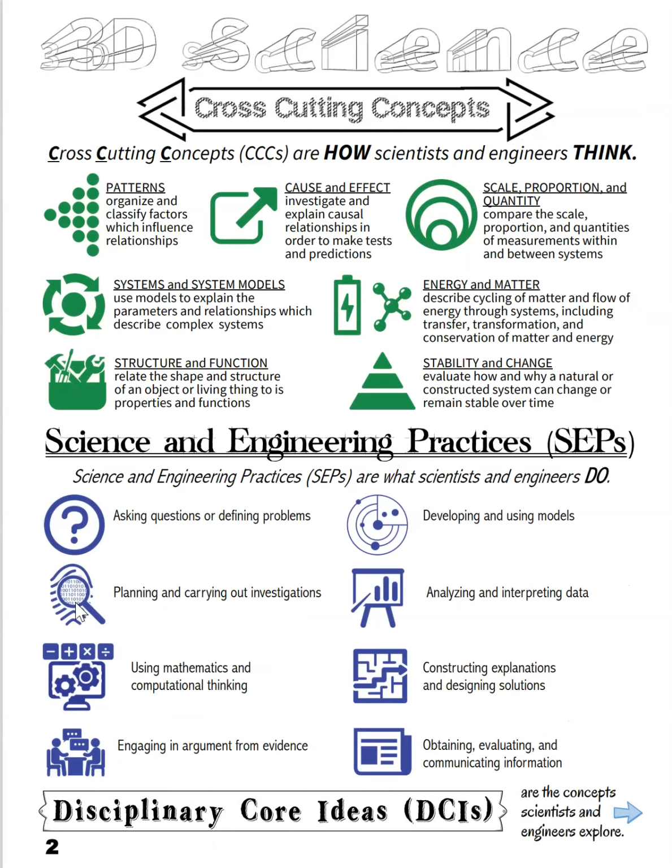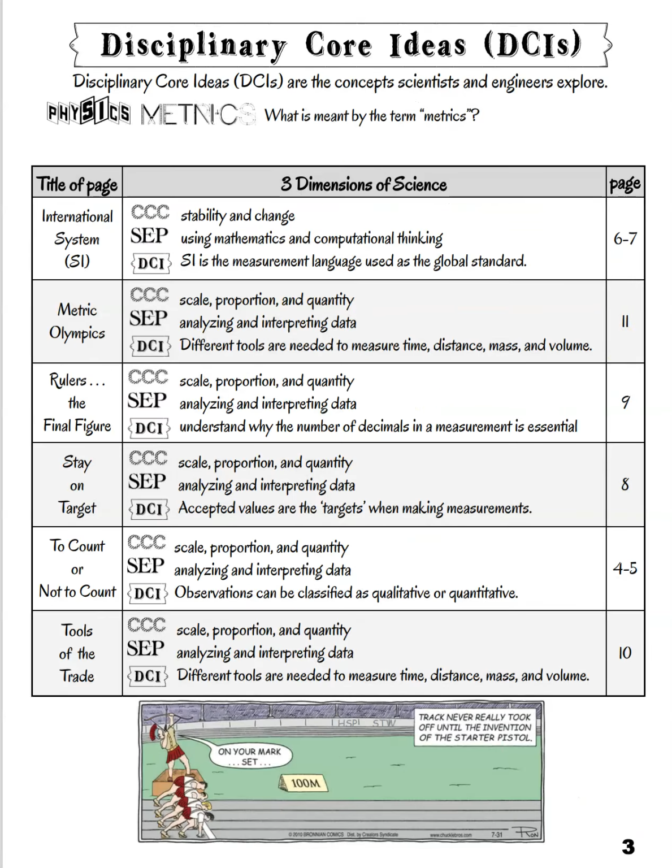And pages 2 and 3 are always the same. We have your 3 dimensions of science: cross-cutting concepts, science and engineering practices. These are things you want to review at home anytime that we finish a particular topic or page in the study guide. This first study guide, I've put suggestions here.